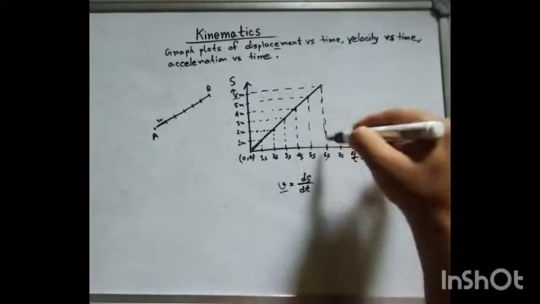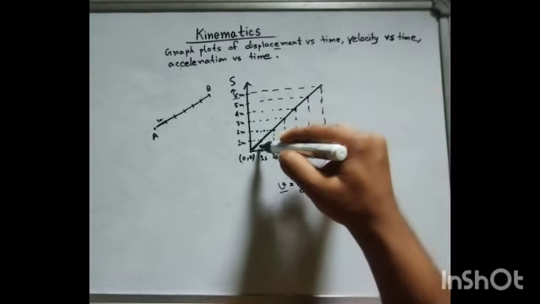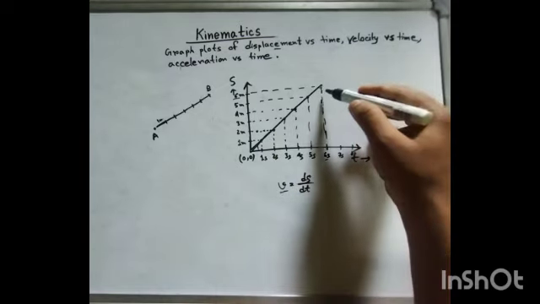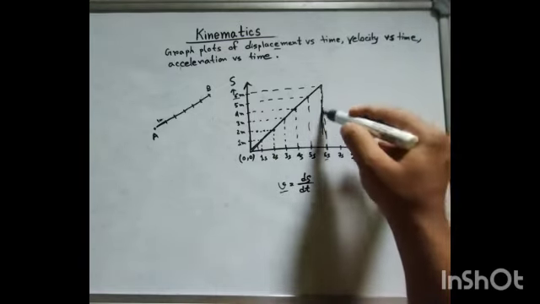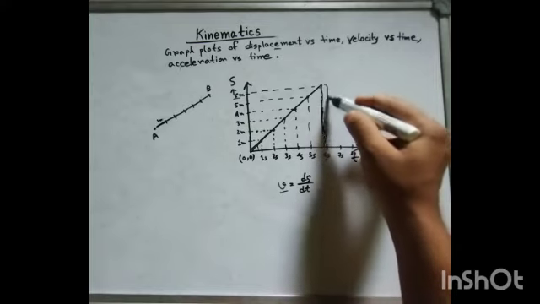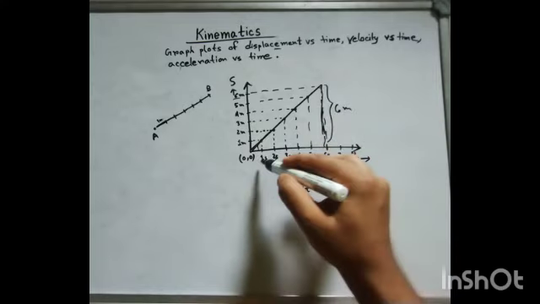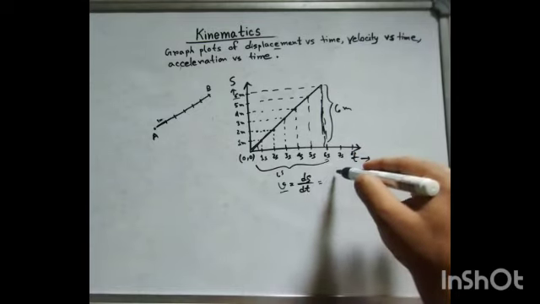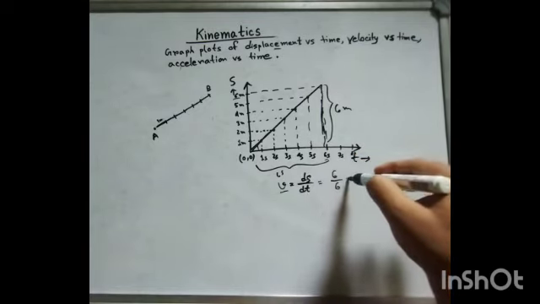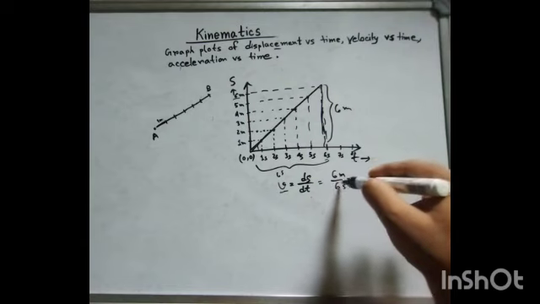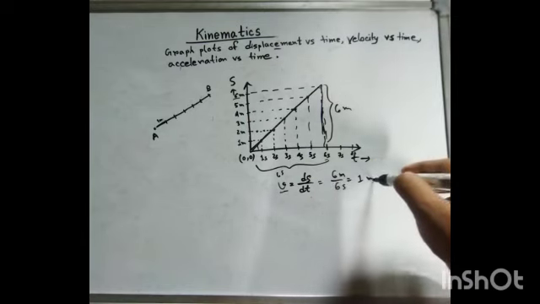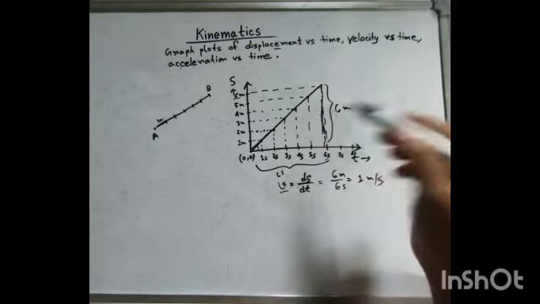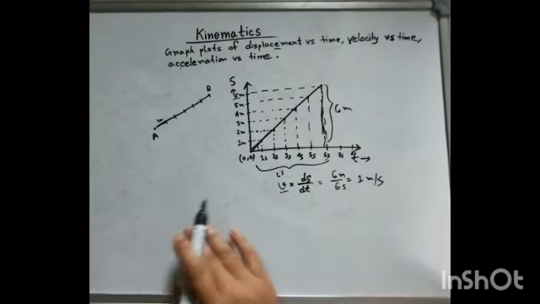Suppose you covered 6 meters in 6 seconds, so the slope of this curve will be: this distance is 6 meters and this is 6 seconds, so ds by dt is 6 meters by 6 seconds, so that will be 1 meter per second. So your velocity is 1 meter per second here.